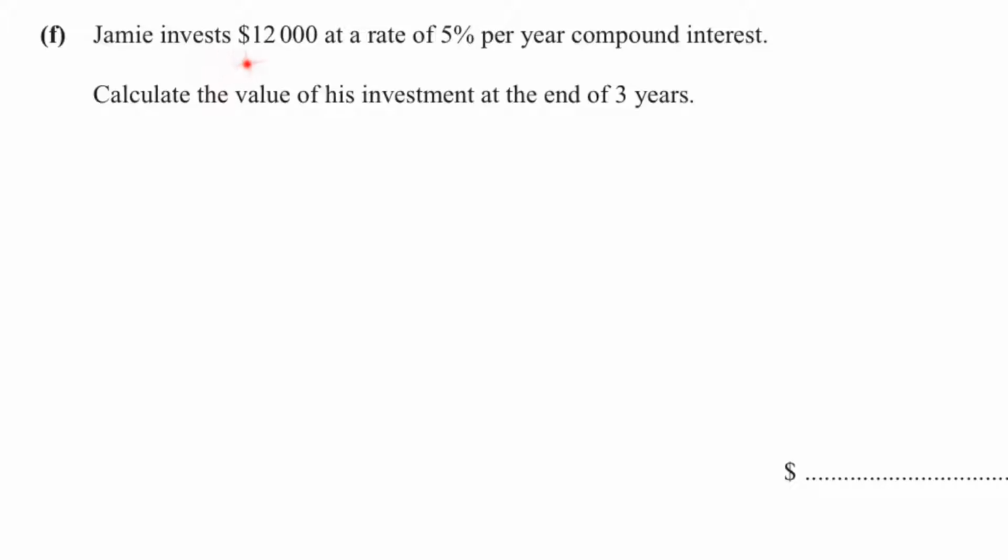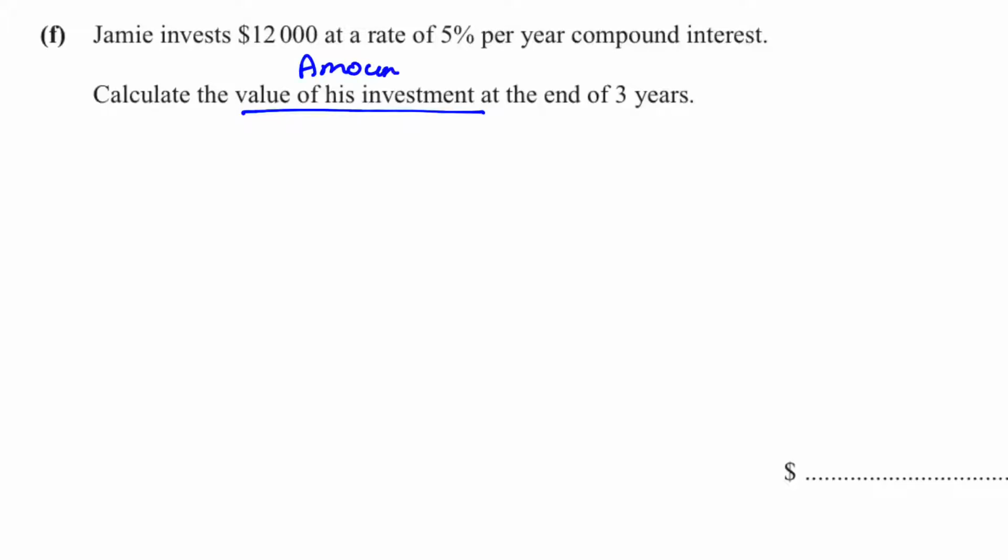Jamie invests $12,000 at a rate of 5% per year compound interest. Calculate the value of his investment at the end of 3 years. Because the word compound interest is given, we know we have to use the compound interest formula, and the value of his investment means they want us to find the amount.